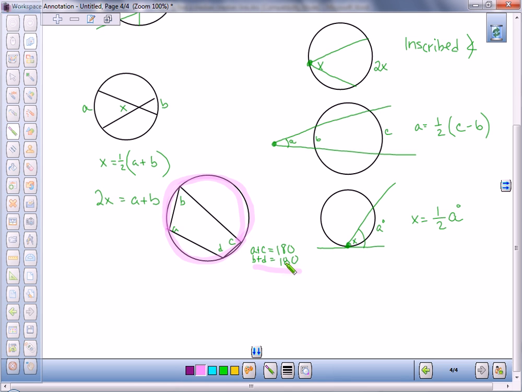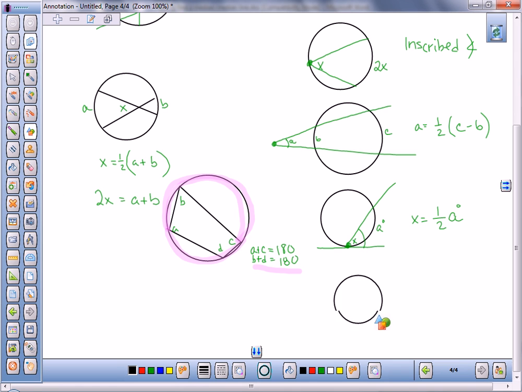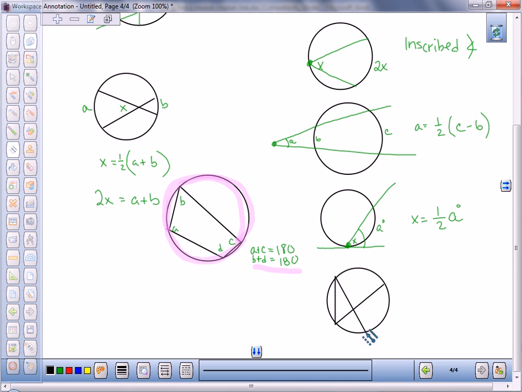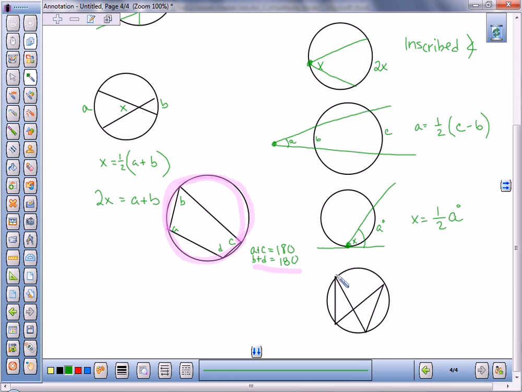Now, if two angles intercept the same arc, so if we have this angle here, an inscribed angle, and this angle over here, an inscribed angle, because they both intercept this arc, those angles have to be congruent, because they're both half the intercepted arc.